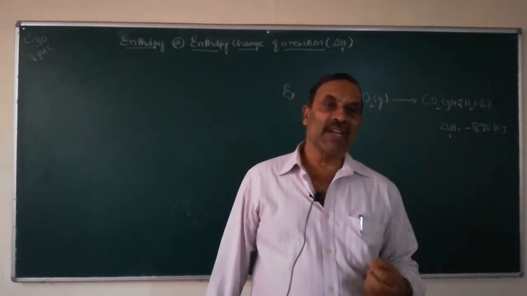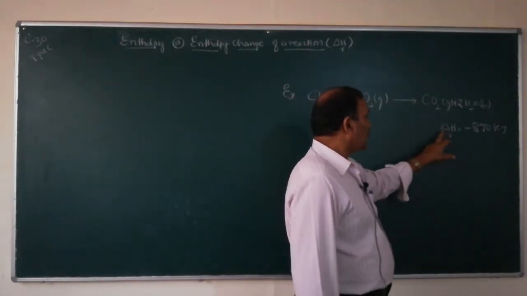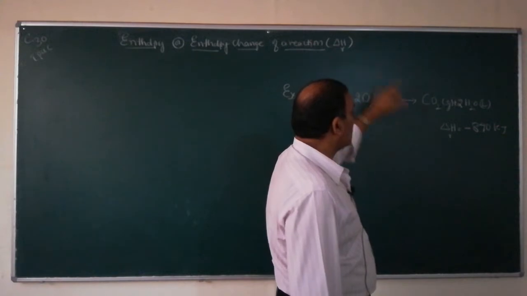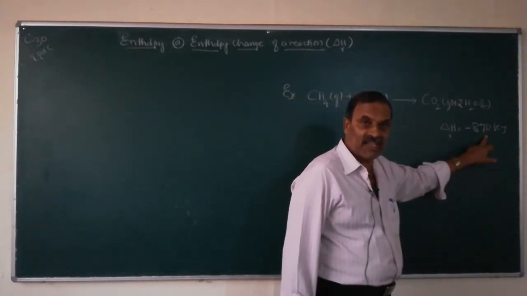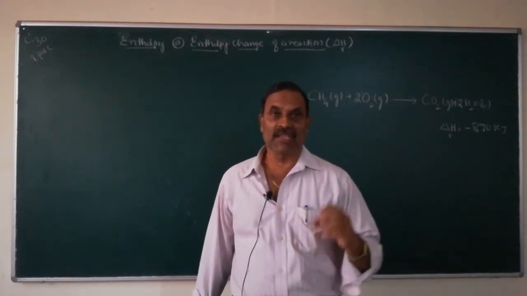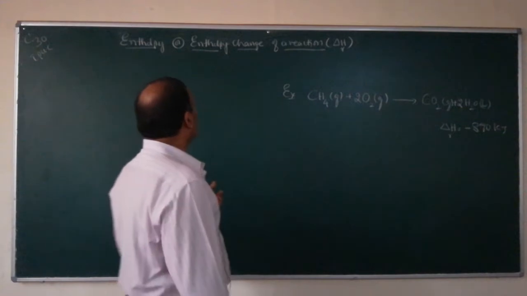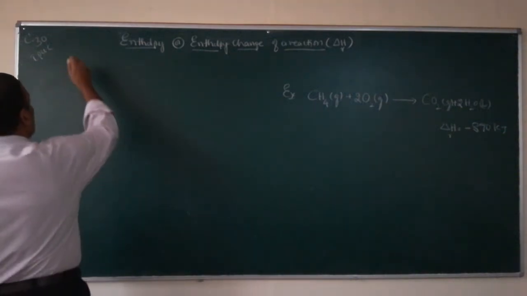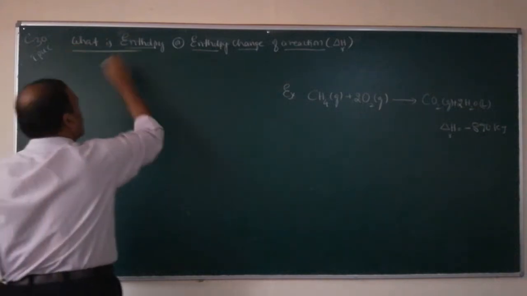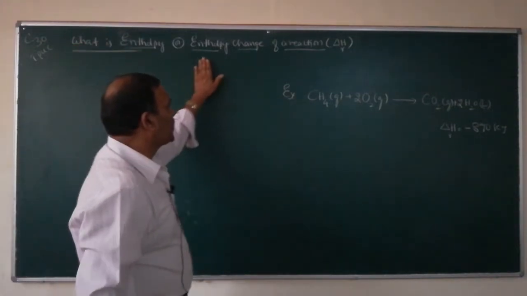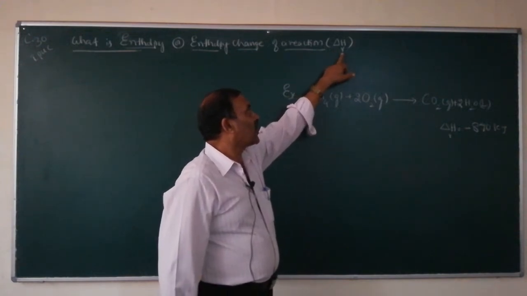So how to read this? What is the definition of delta HR? This amount of heat is called enthalpy of this reaction, or also enthalpy change of this reaction. So you may be asked, what is enthalpy or enthalpy change of a reaction, delta H small r?